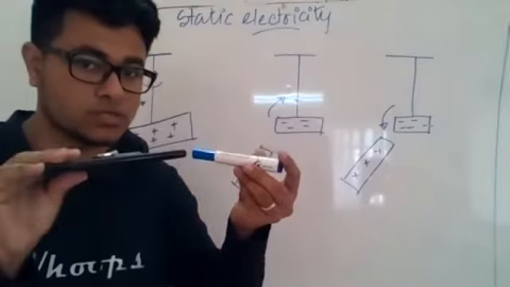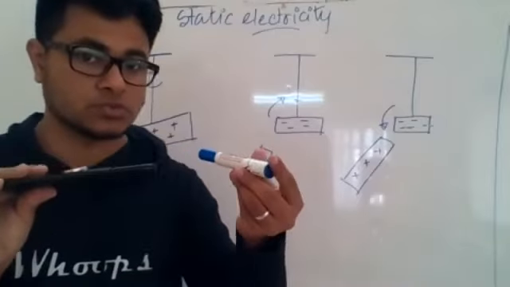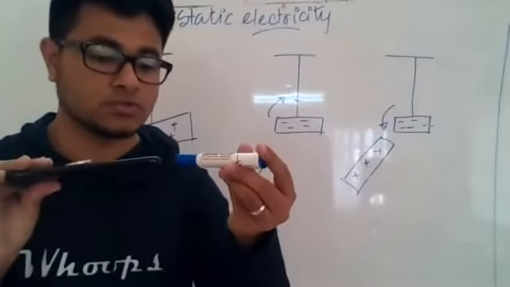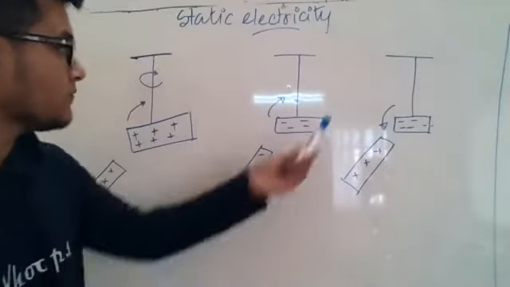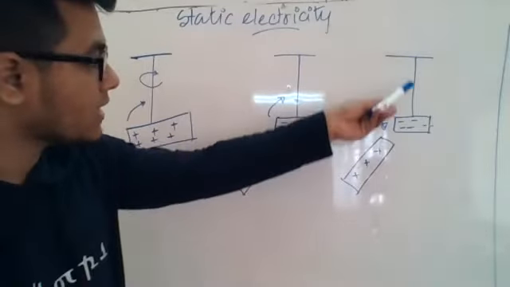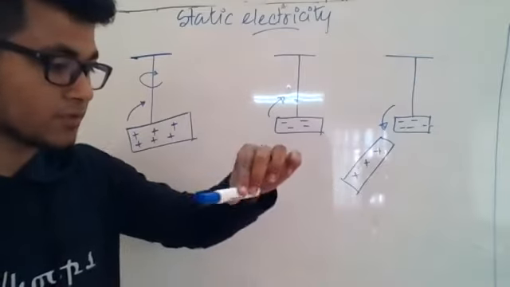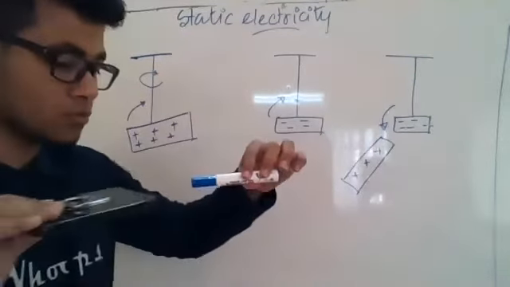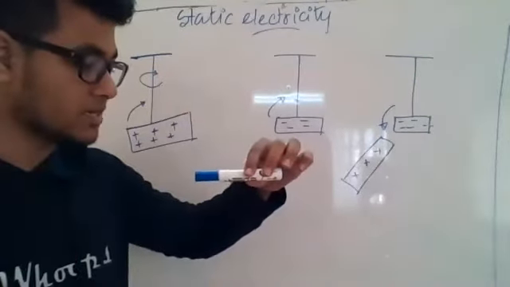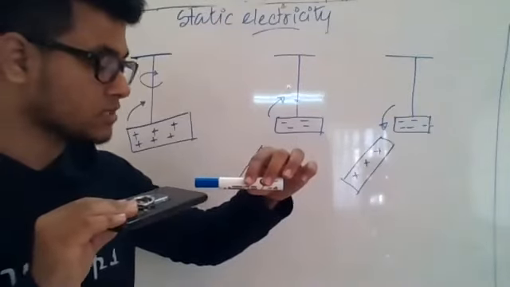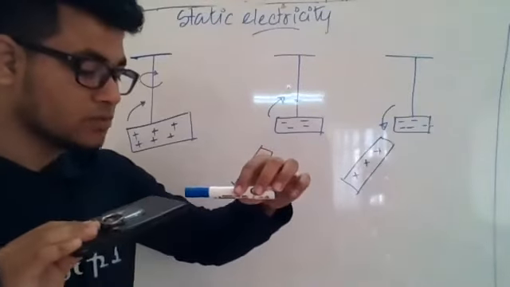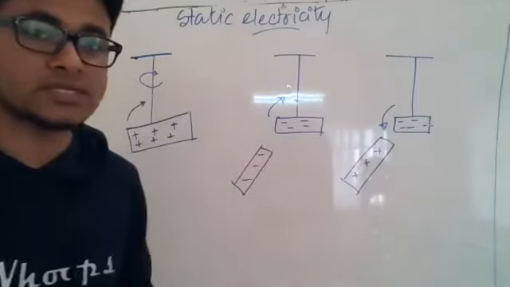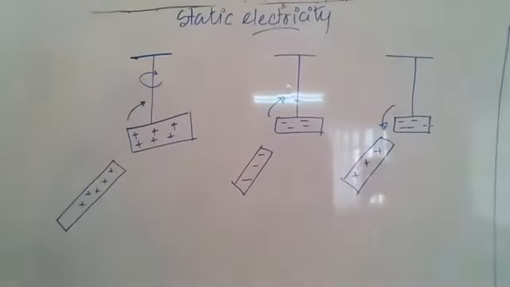You will see some deflection. If you hang it through a wire, you will see that it moves. Before you take it closer, it will be static. When you take it closer, it will move towards that. So we can say that there is some attraction force between them, right?